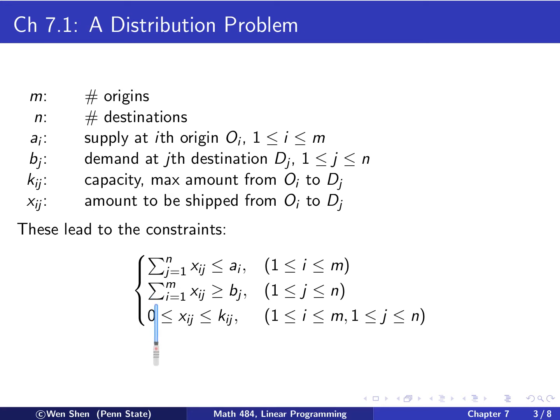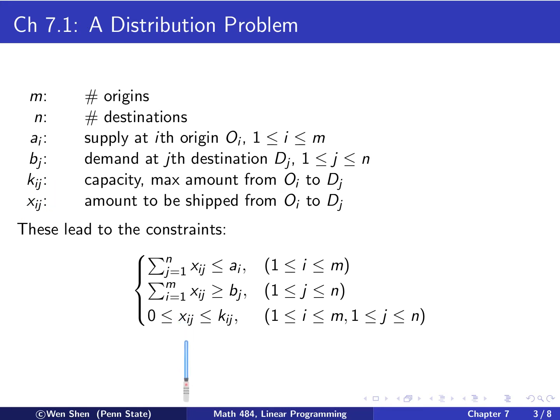The second line here, the constraints come from the demand at the jth destination. If I sum up i from 1 to m for a fixed j, this becomes the total amount being shipped to D_j, and that shall be bigger than or equal to b_j, because this is the minimum demand. This should hold for all j index from 1 to n. And lastly, we also have the capacity.